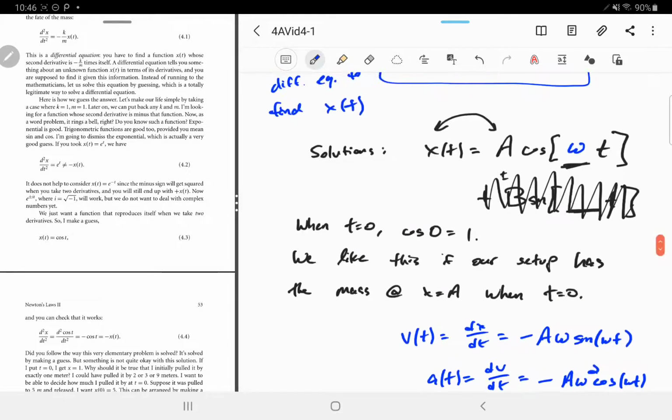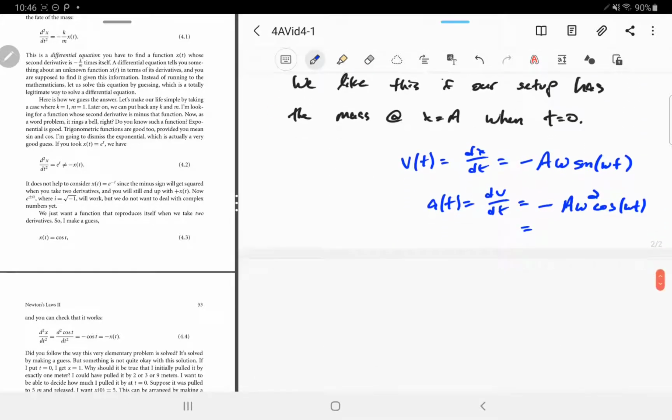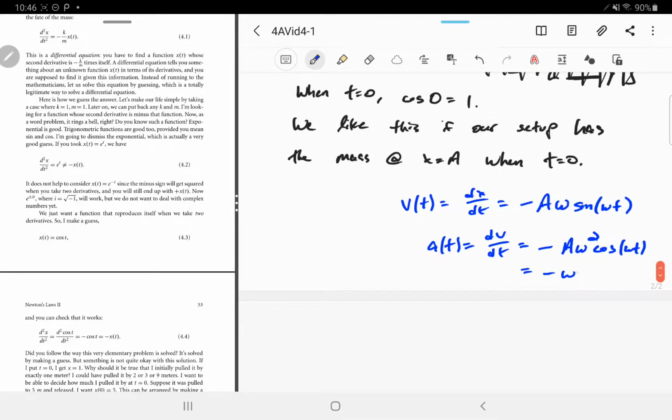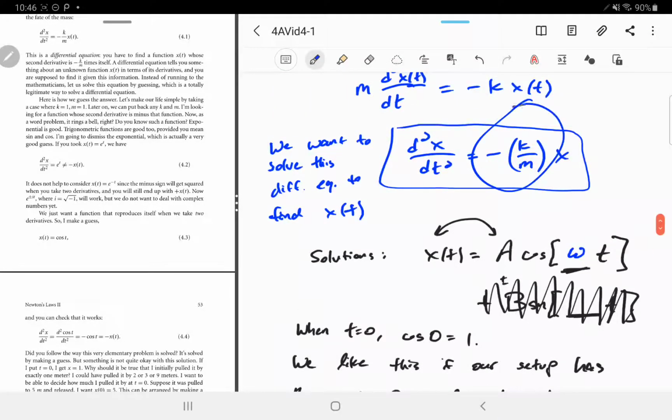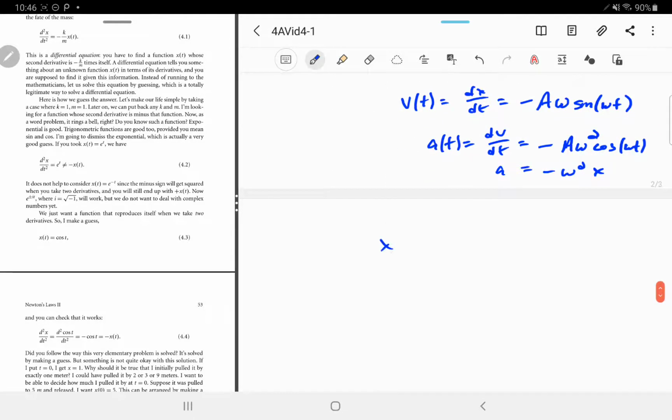Knowing that x is a cosine omega t, this is minus omega squared times x. So two derivatives of x is minus omega squared times x, and that has to equal this. So this tells us what omega needs to be: the constant multiplying t inside the cosine has to be the square root of k over m.